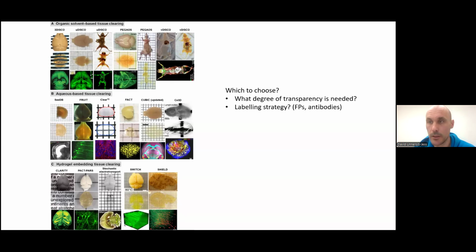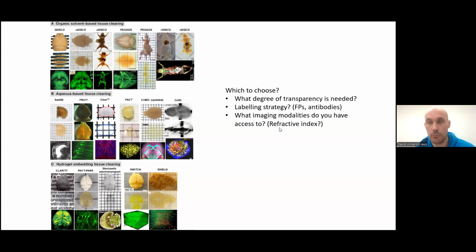In terms of labeling strategy, are you using fluorescent proteins, or do you have to stain your sample with antibodies? This is also something to consider. So some protocols are better for fluorescent proteins, some protocols are optimized for antibody staining. And of course, then also what imaging modalities do you have access to?